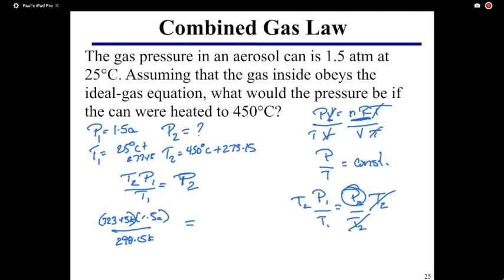Question? No, ask it. You just said a number wrong, but you're good. Did I? Yeah. 298. My dyslexia is coming out, sorry. Yes, 298. So somebody put that in the calculator.